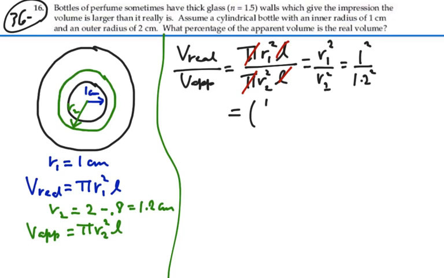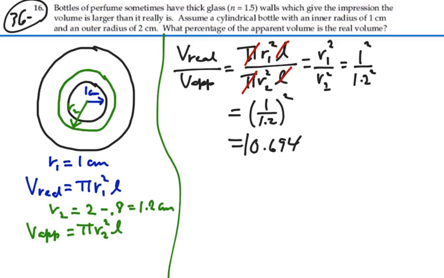That is 1 over 1.2 squared. If we figure that out, 1.2 inverse, square that, I get 0.694.